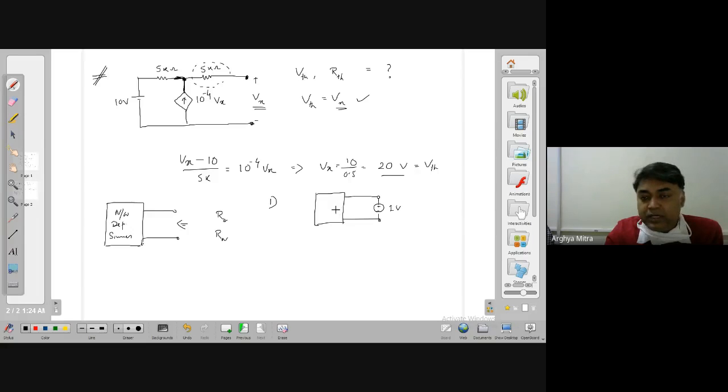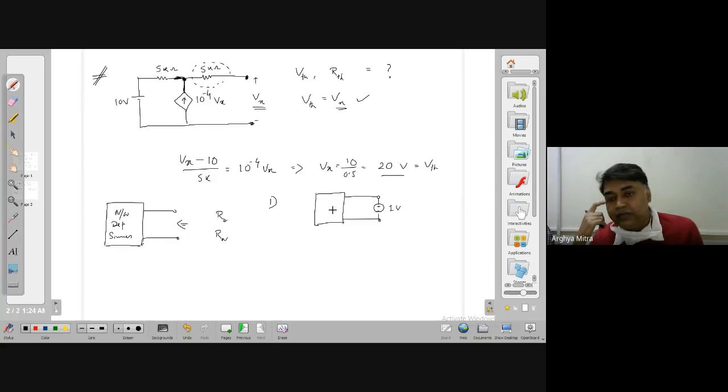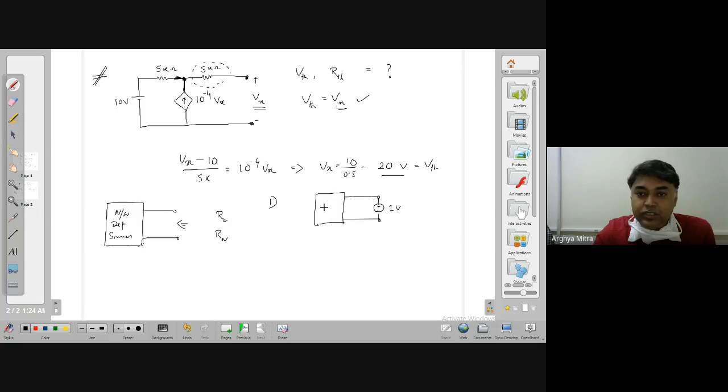Voltage sources can be made inactive by short circuiting it. If there are some internal impedances or internal resistances present, then you need to replace with that internal resistance. That is of course. But in case of an ideal voltage source or current source, voltage source can be made inactive by short circuiting it, and current source can be made inactive by open circuiting it. So all the independent sources you make inactive, and dependent sources are still there.